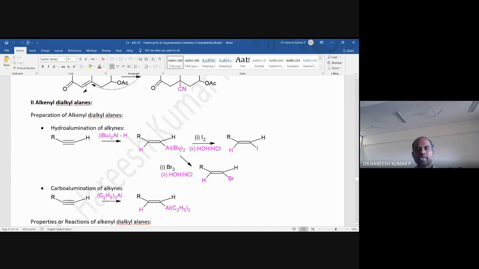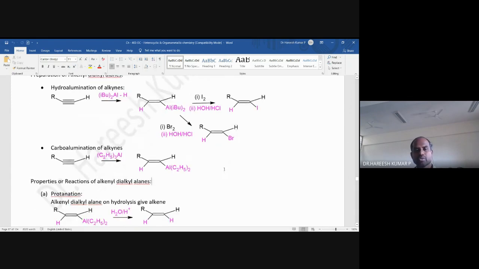If we treat this alkynyl dialkyl alane with bromine, bromine will replace the aluminum group, forming a bromoalkene compound.